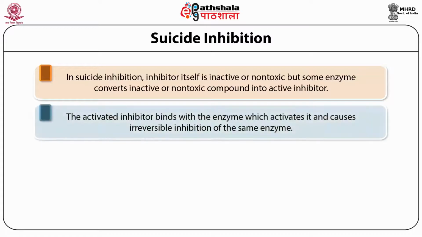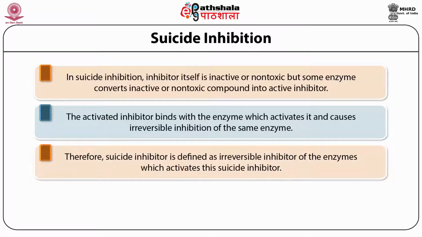So, a suicide inhibitor itself is considered a prodrug or pro-inhibitor rather than an inhibitor. But because of the action of the enzyme, the suicide inhibitor is activated, and once activated, it irreversibly inhibits the enzyme. Therefore, you can also say that suicide inhibitors are mechanism-based inhibitors.